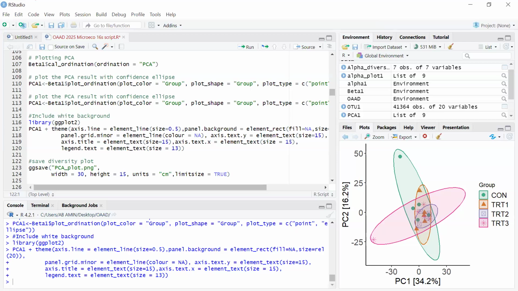Can you please tell us how to differentiate? Does the interpretation differ? No, the interpretation is the same. However, the PCA applies to a lot of things, not just microbiome. The purposes are different. The PCA is just showing the distribution, how the samples cluster together or not.